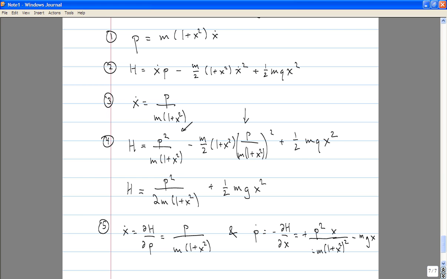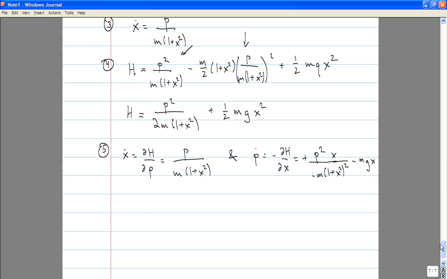So, if we'd like to understand the dynamics of the system, it's sort of hard to just look at these two expressions for x dot and p dot and understand exactly what the dynamics of the system looks like.